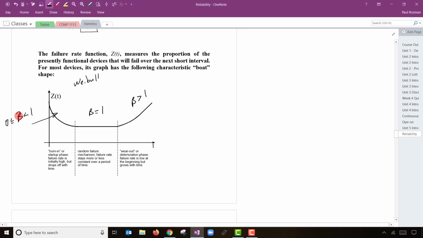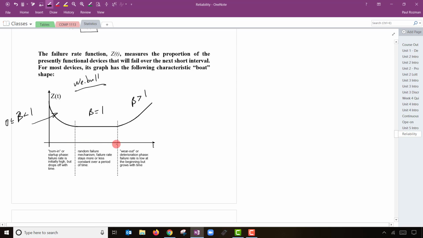So basically, we can use the same Weibull formula, but just keep changing beta depending on what portion of the life of the product we're in. Basically, define this piecewise using the Weibull distribution with different values of beta over different time periods.